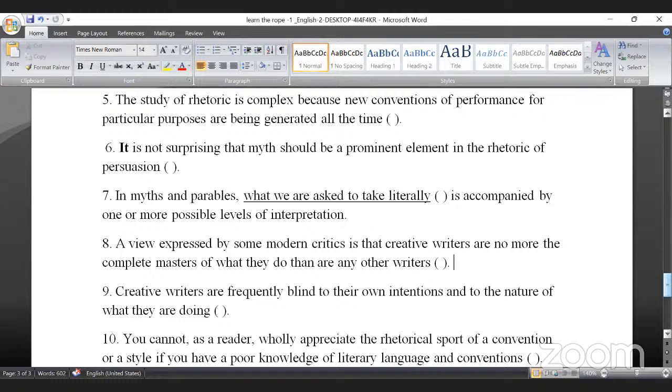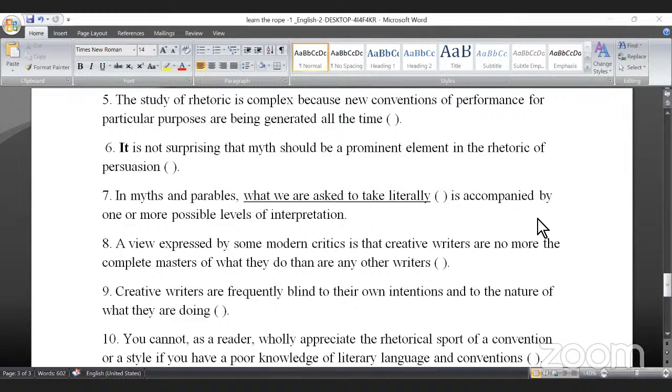Which is the subordinate clause here? That creative writers are no more the complete masters.